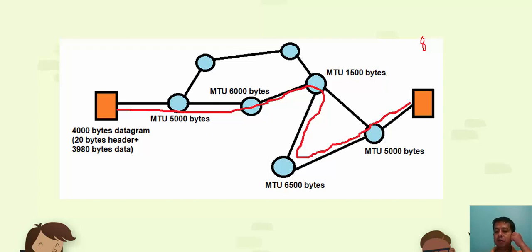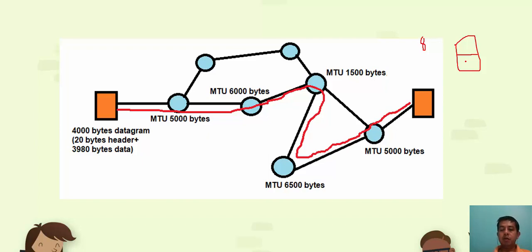Because of this, whenever we create fragments, the amount of data inside the fragments has to be a multiple of 8, that means divisible by 8, except the last fragment. The last fragment can contain any amount of data, because that will not be used in calculating the fragmentation offset. We'll see that later on.